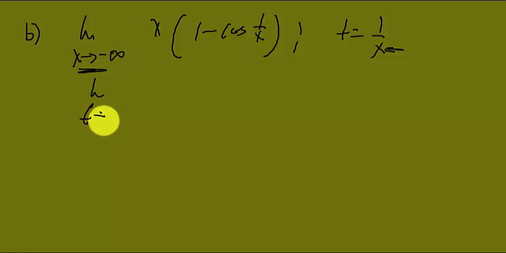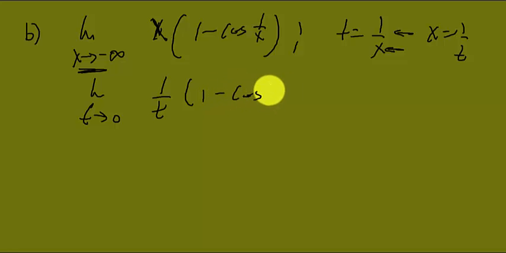Of course, when you solve for x on this one, x is equal to 1 over t. So I'm going to replace x with 1 over t, and then I have 1 minus cosine of t. Okay, and this is the same thing as limit as t goes to 0, 1 minus cosine of t over t.